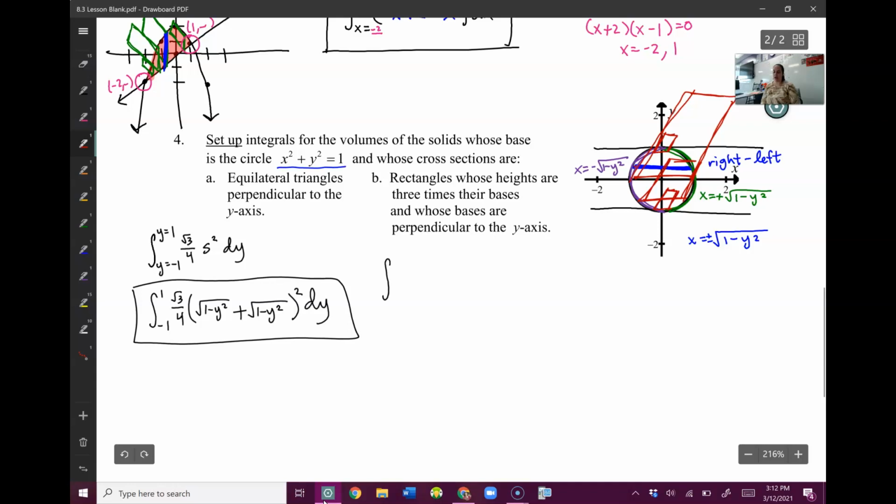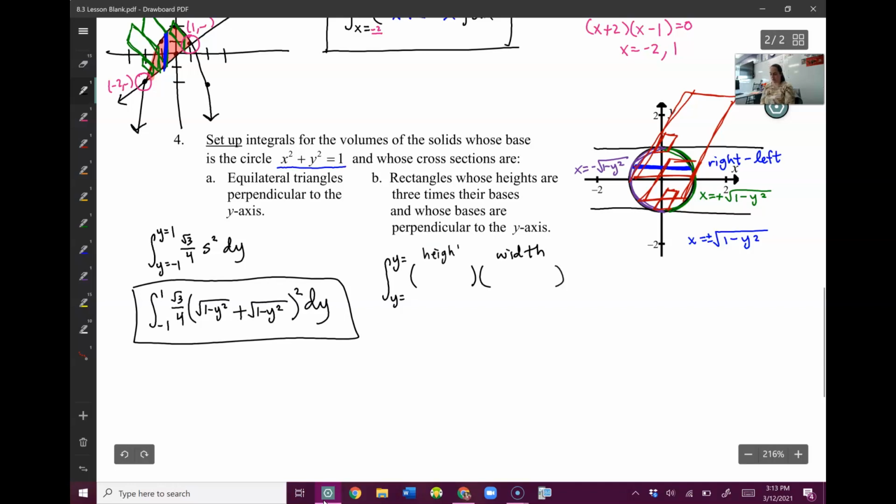Now, I'm going to get you started on this one. I would like you to try and finish it. Rectangles are going to be length times width. I guess I should say height times base.